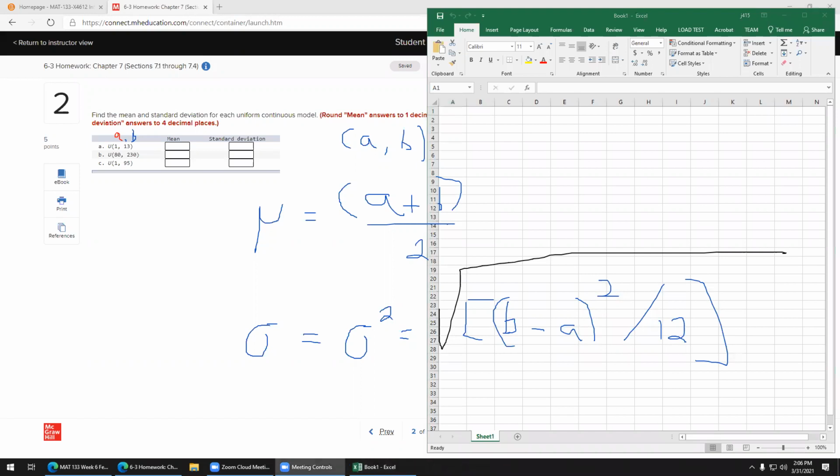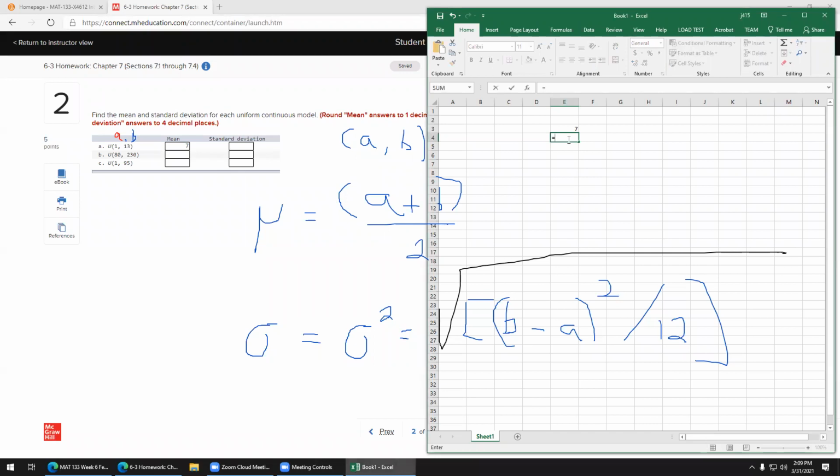So what I would do is I'm going to use Excel as my calculator. To find the mean, equals parentheses A, which is 1, plus 13, which is B, divided by 2. So the mean is 7. And to find standard deviation, the first thing we'll do is find the variance.